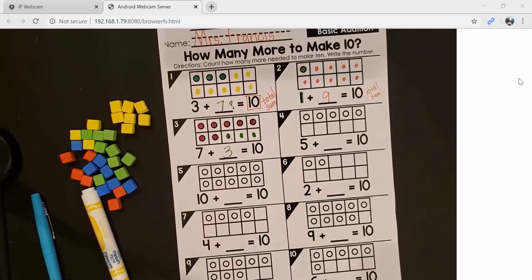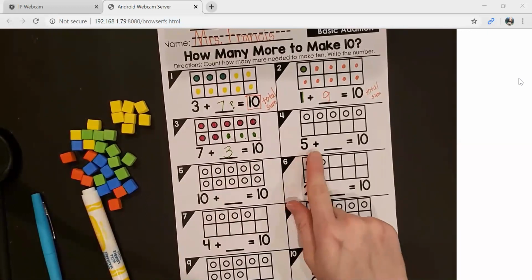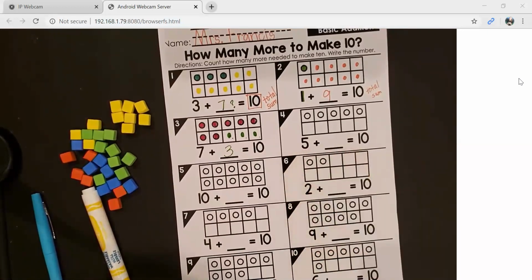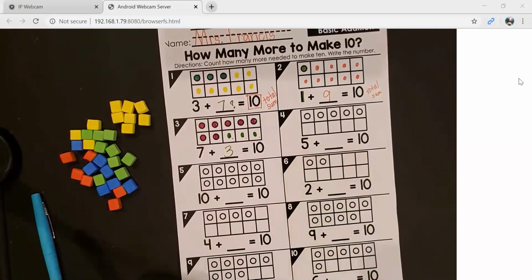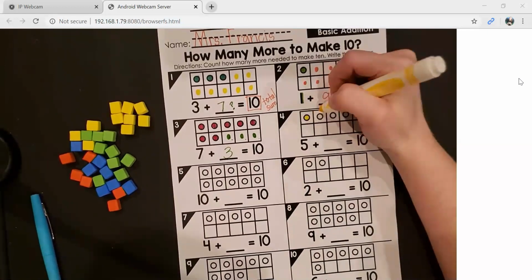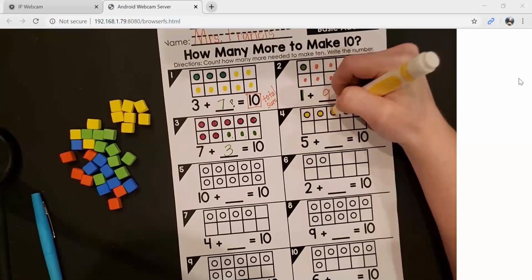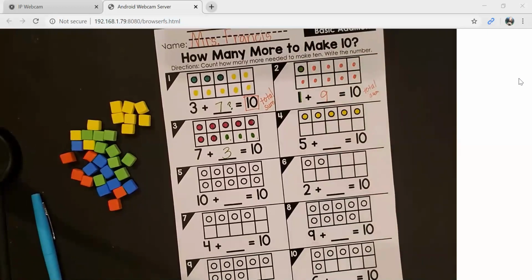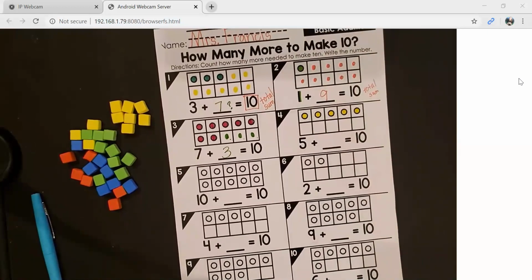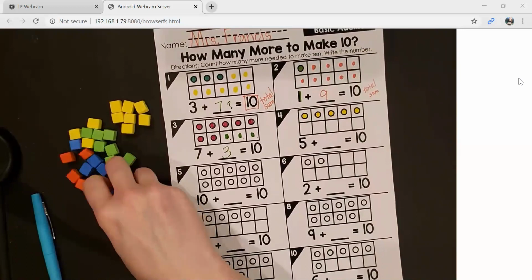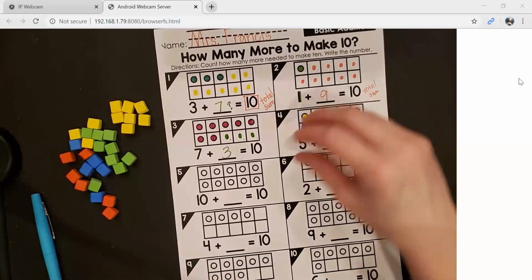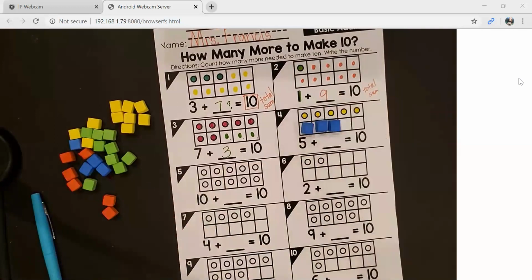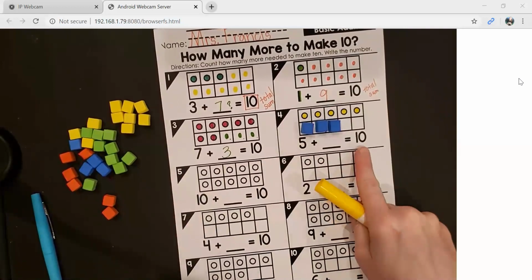Okay, one more, guys. The problem reads 5 plus what equals 10? I already have 5. I'm making this page nice and colorful. Don't you like it? 5 yellow. Avery has 5 yellow candies. Addie has 1, 2, 3. Is that enough? No, that's not enough because my whole is 10.